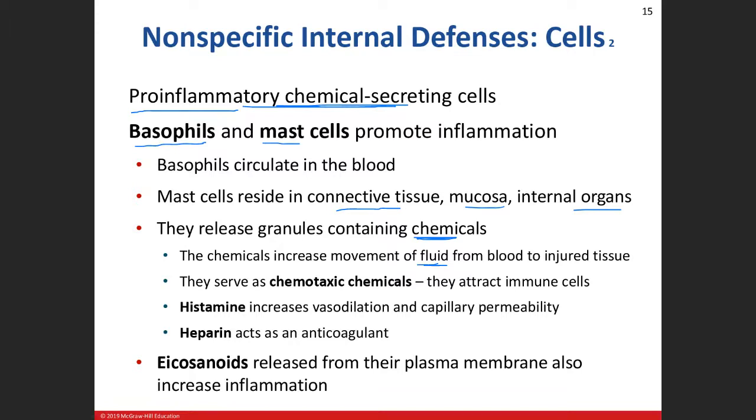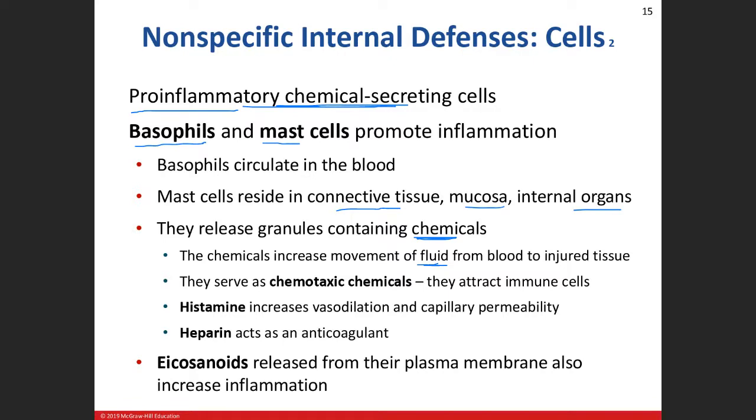It encourages the movement of fluid from the blood into tissue, specifically damaged tissue. I hate to say they're the same type of cell because I don't want you to compare them. They're not really the same, just very similar. It helps to have cells that do pretty much the same thing in the blood and in the tissue, on both sides. It's like a double agent.